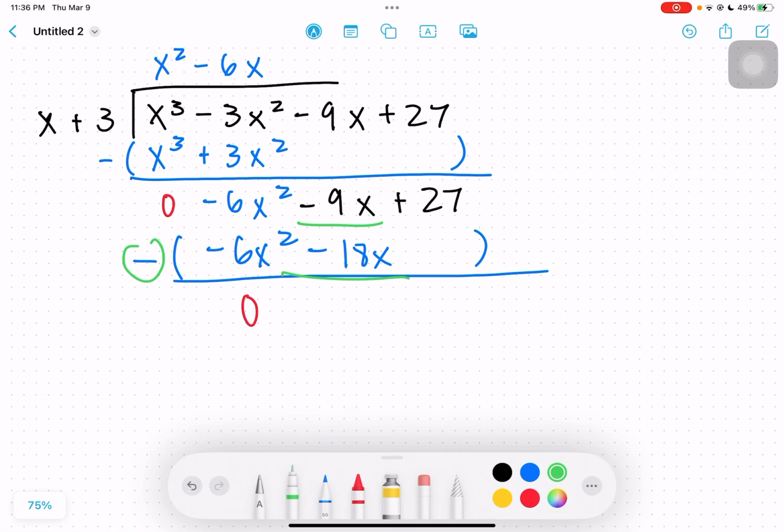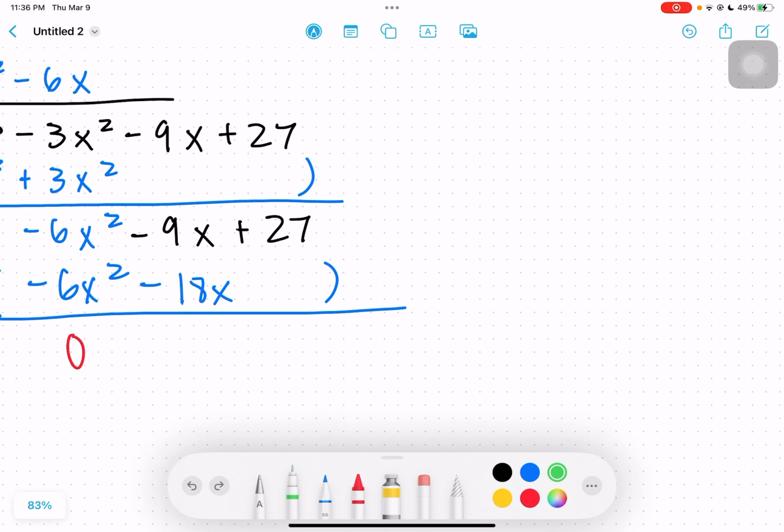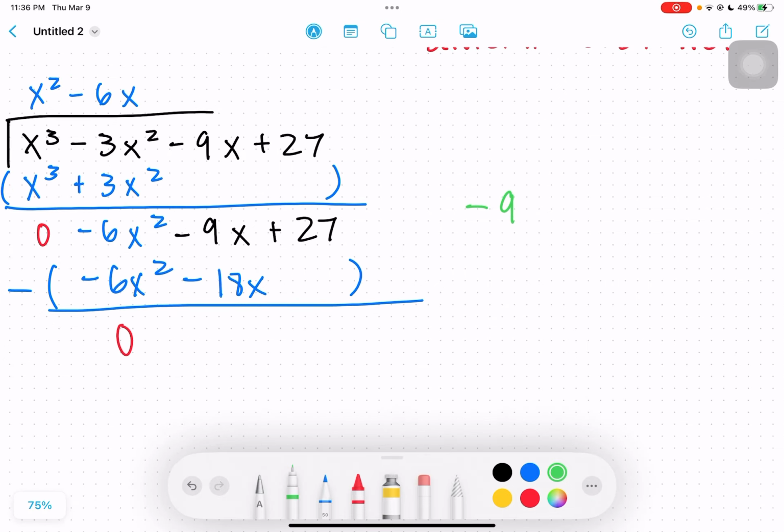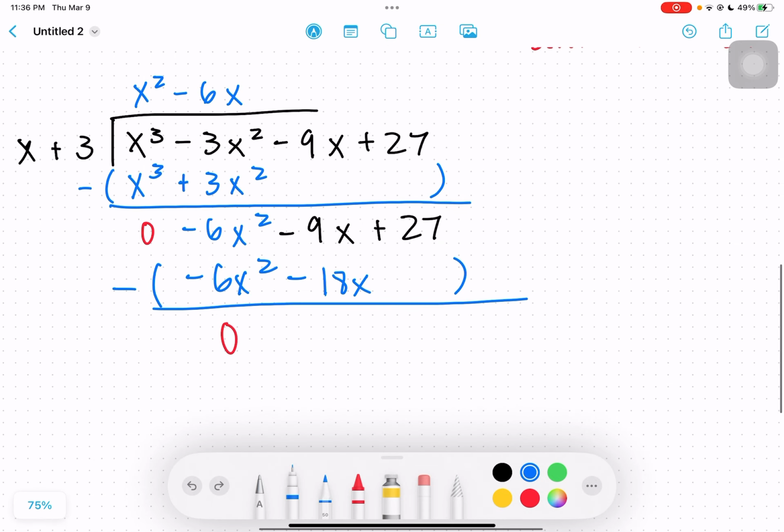When you type it in the calculator, it's like this: negative 9 minus negative 18. That's how you do it in a calculator. So the answer to that is 9x.